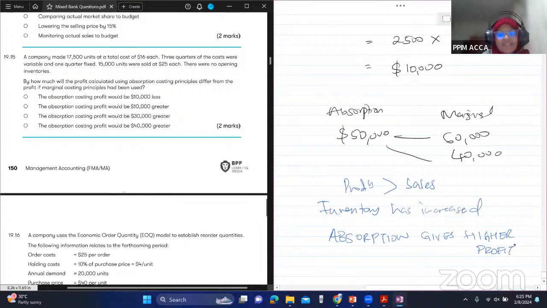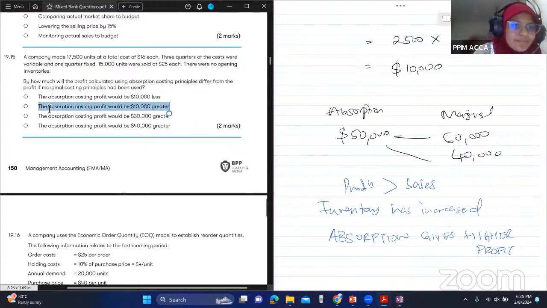Okay, if production is greater than sales, inventory has increased, absorption only will give a higher profit. So the absorption costing profit will be $10,000 more than the marginal costing profit. Let's see. The absorption costing profit will be 10,000 less. That's not the answer. The absorption costing profit would be 10,000 greater. Yes, that's the answer, B.